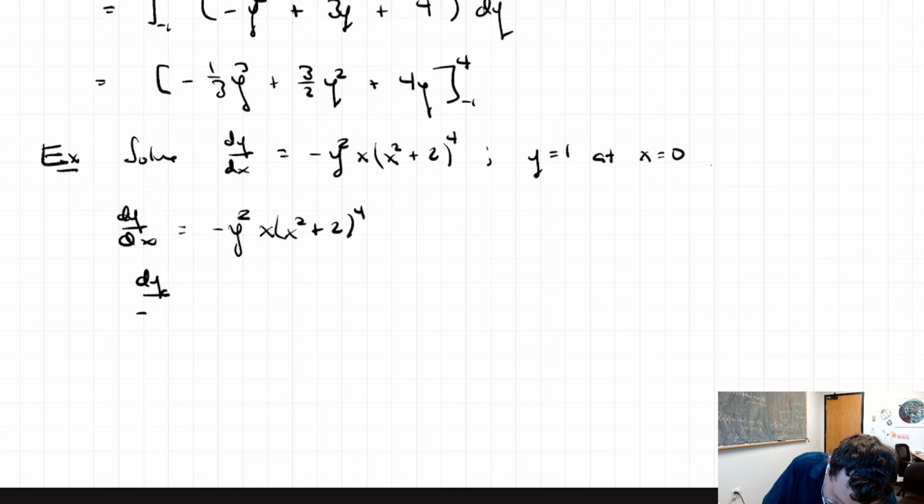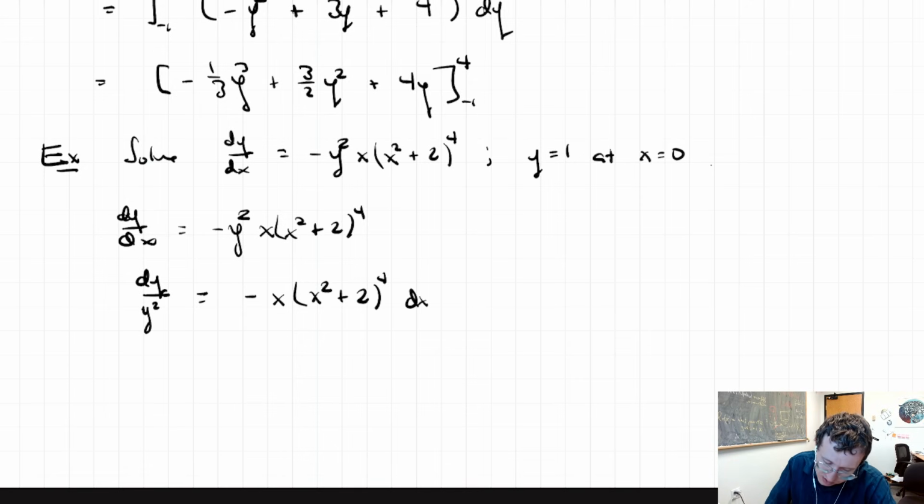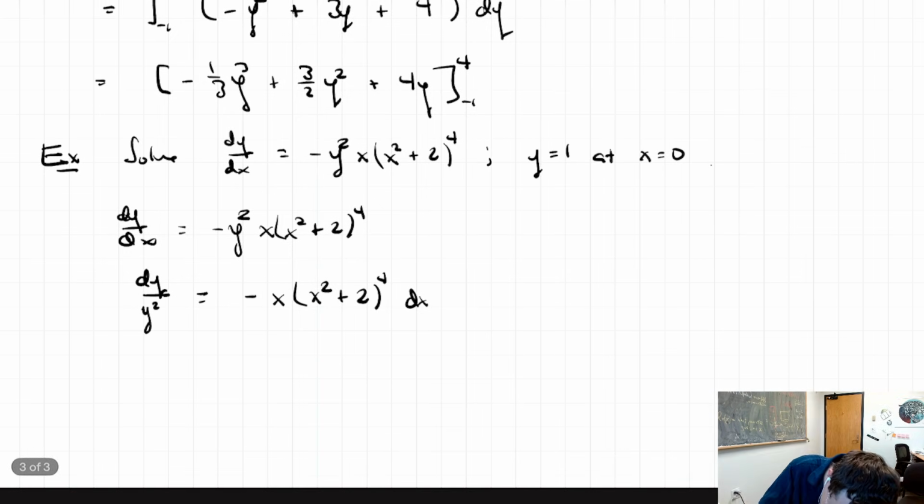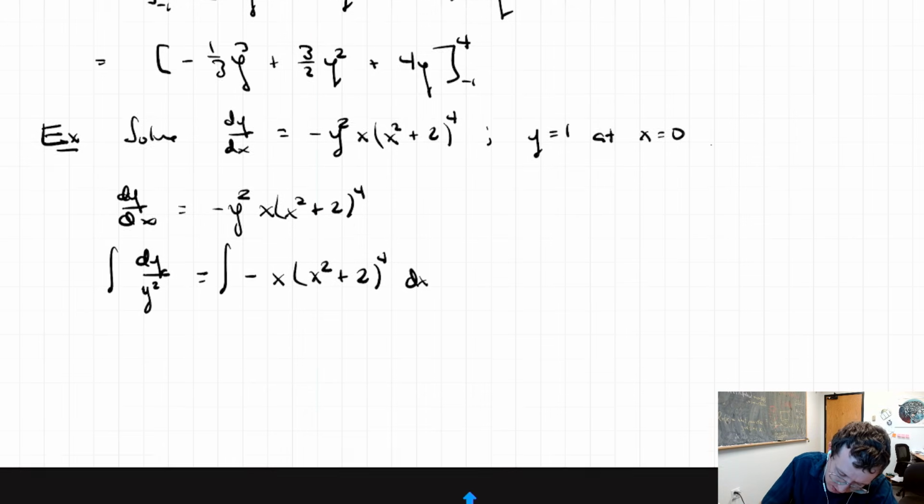So I'm going to bring the y squared over by dividing both sides by y squared, and on the right side that leaves me with minus x times (x squared plus 2) to the fourth, and I'm bringing the dx over. So basically I'm multiplying both sides by dx, and I'm dividing both sides by y squared. And then I'm going to integrate both sides of this equation.